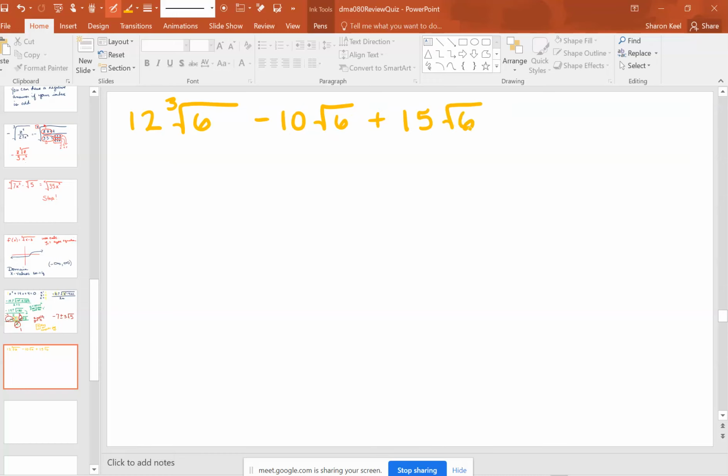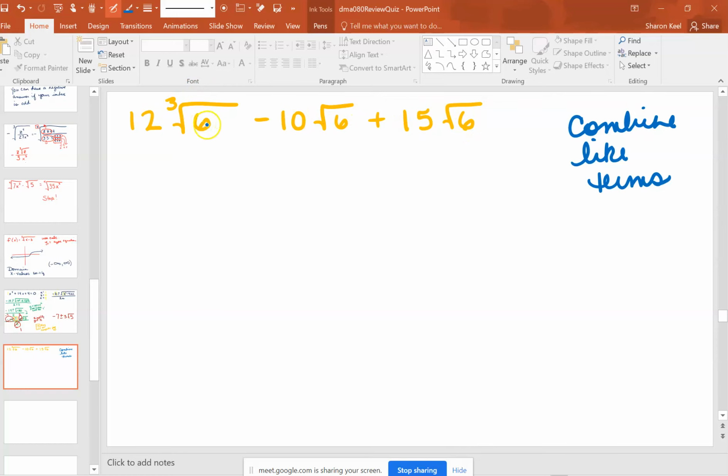Okay? So I'm going to make note here that we're going to combine like terms. Now, for these to be like terms, the index has to match. This is a cubed root, this is a square root, this is a square root.